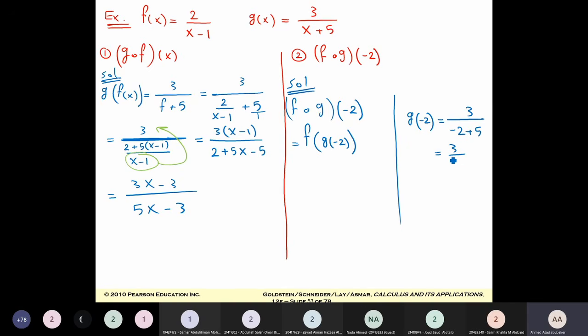So we have 3 over 3, which is 1. So g of negative 2 equals 1, and we need to find f of 1. F of 1 equals 2 over 1 minus 1. Is this defined or undefined?